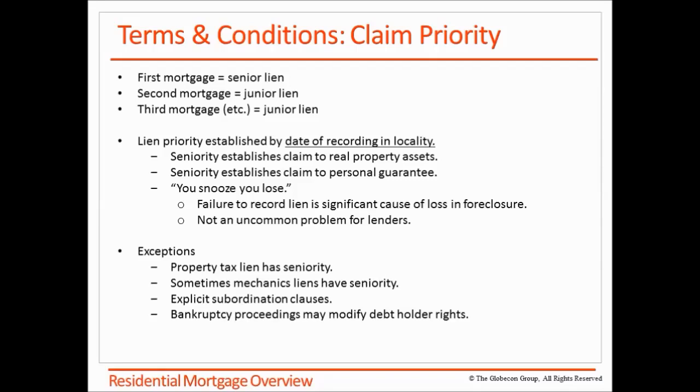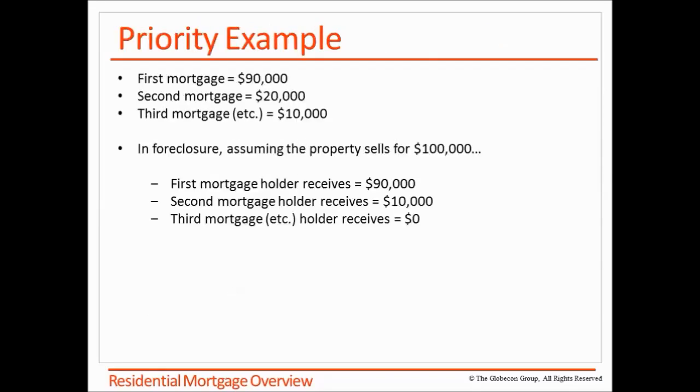An example of how that might work: let's say a person has a first mortgage of $90,000, a second mortgage of $20,000, and a third mortgage of $10,000. In a foreclosure, the property, let's say, sells for $100,000.